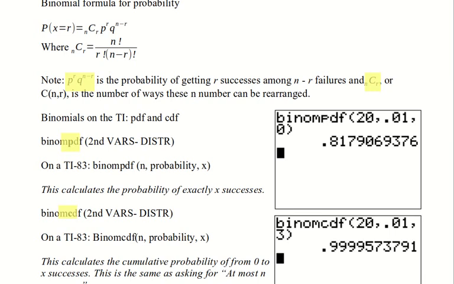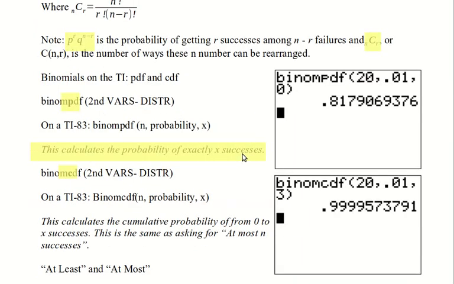That comma key is right above the 7 on your calculator. The binomial probability distribution function calculates the exact number of successes. So whatever you put in for x is what comes out as the probability.